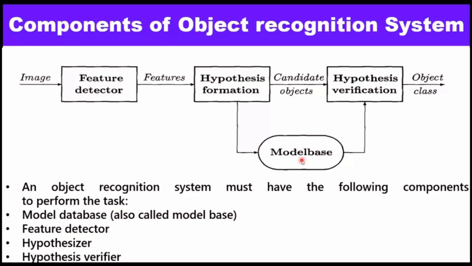Later on, every time an object comes, we perform the same process and try to match it with this model base, and we declare what type of object it is or what class it belongs to. In this whole process, the model database carries all the reference images and the various parameters which we have extracted.